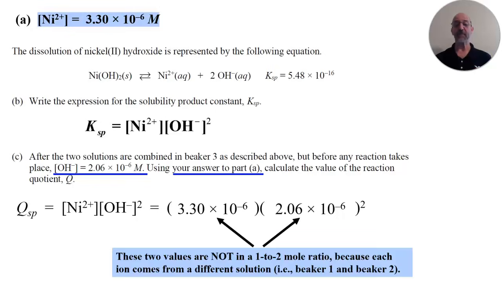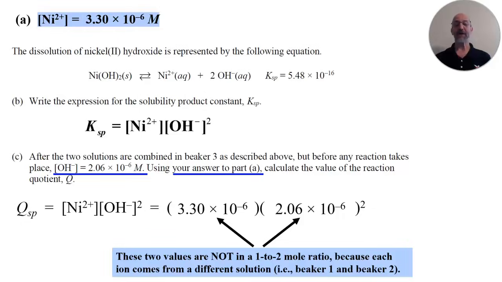But it says here at the bottom of the slide, note that these two values are not in a 1:2 mole ratio because each ion, the nickel ion in beaker 1 and the hydroxide ion present in beaker 2, came from separate solutions, different concentrations. So that's why we don't need that 1:2 ratio. The nickel came from nickel nitrate, the hydroxide came from sodium hydroxide, two separate solutions, separate concentrations.